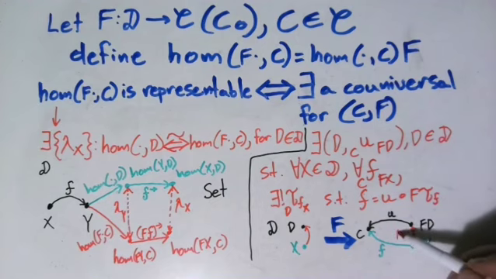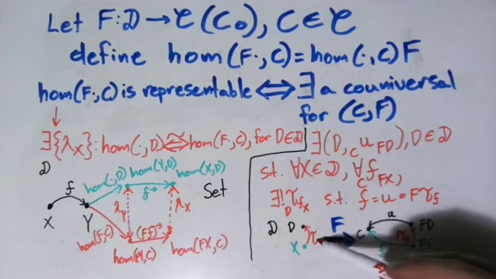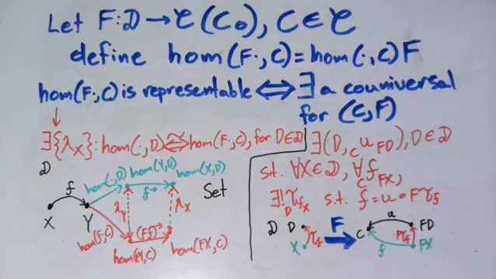This is F tau of f. This is tau of f. So that's the diagram for this definition.